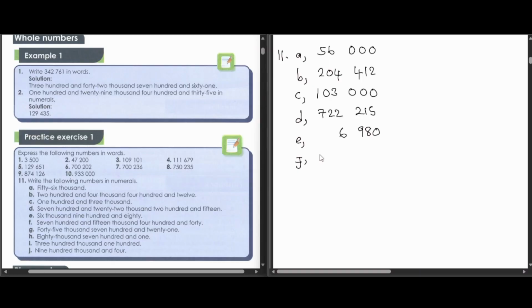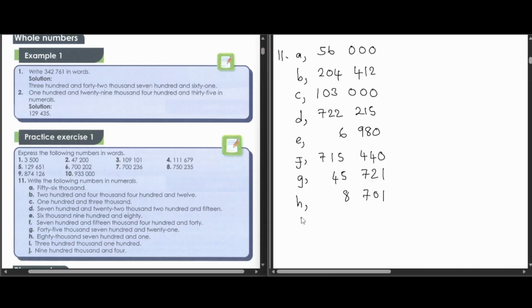F 715,440. So 715,440 seizvi. Andika? Then toya pa G panapa 45,721. Saka ichi 45,721 seizvi. And H 8,701. 8,701 seizvi.